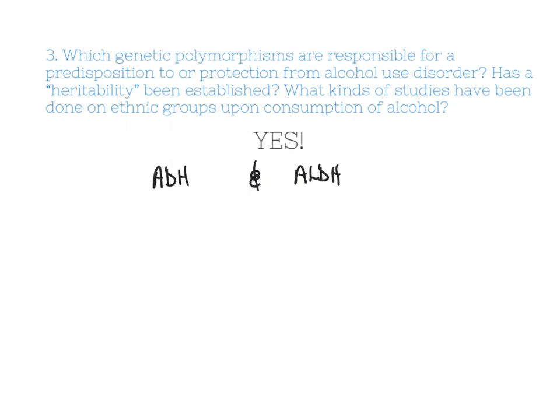Well, different people have different genetic polymorphisms that result in different enzyme isoforms for these 2 enzymes. You could have different alcohol dehydrogenase isoforms, and different acetaldehyde dehydrogenase isoforms.